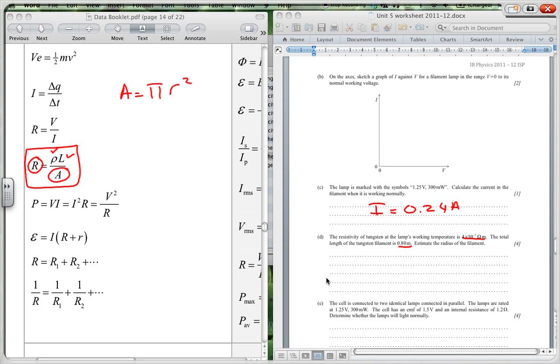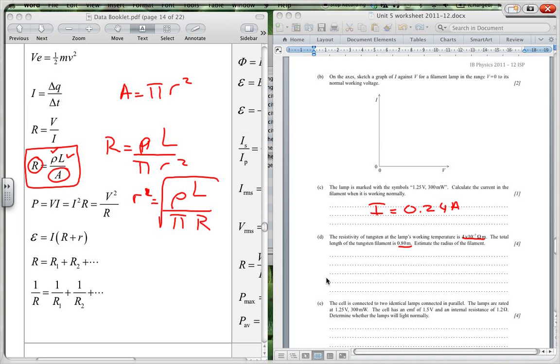So therefore I can say that R is equal to my resistivity times my length divided by pi r squared, and therefore r squared is equal to rho L over pi times R, and we can take the square root of that to work out our r.